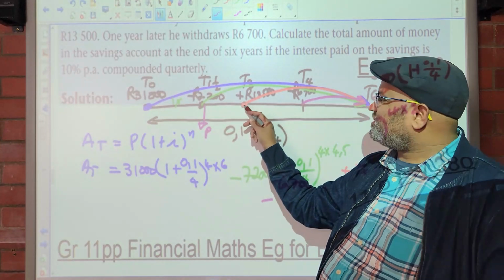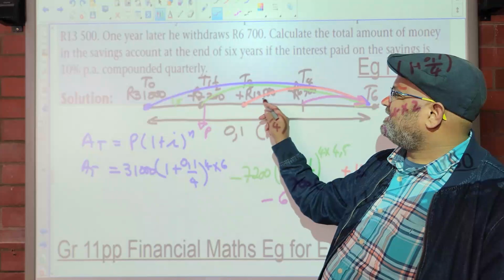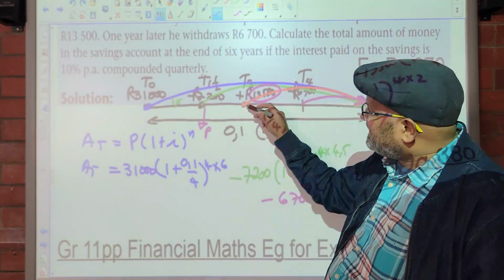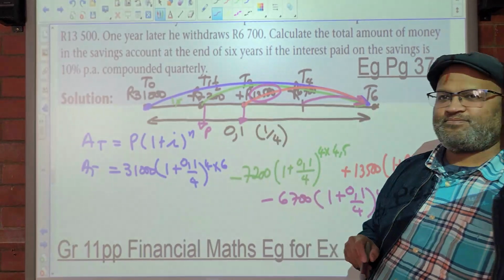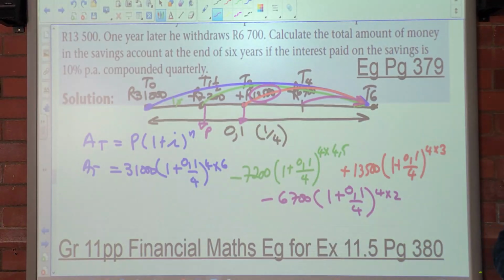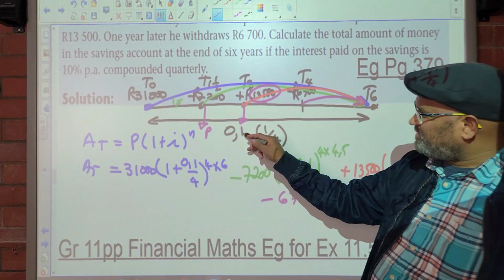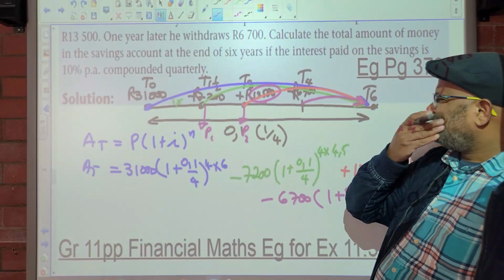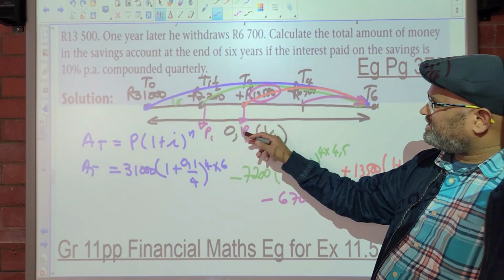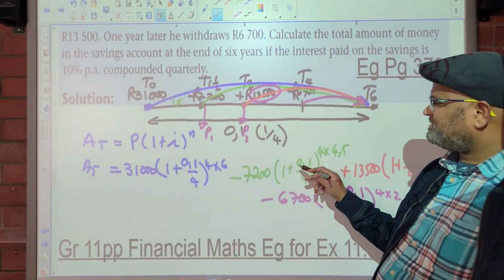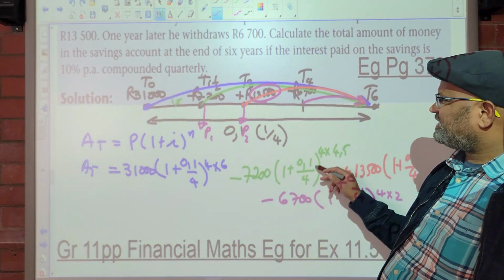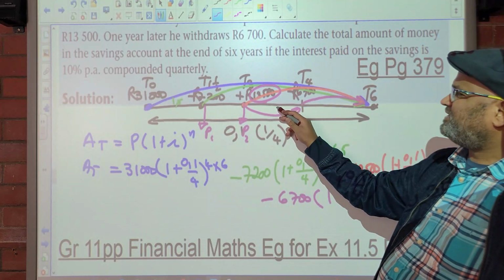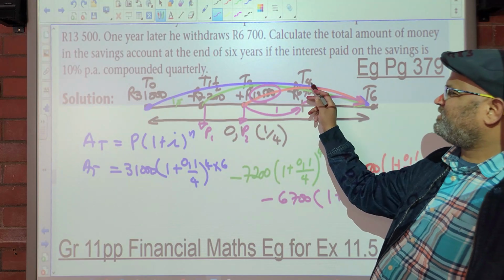With that answer, she's going to add 13,500 rand. Once she's done that, that becomes a P-value at that point, and now that P-value is a different P-value. So we now say that answer we get here into 1 plus 0.1 over 4 to the exponent 4 times, and this is for 1 year. From T3 to T4 is 1 year.